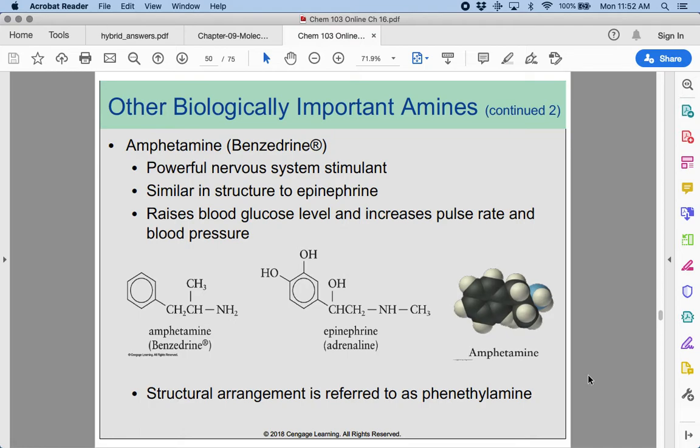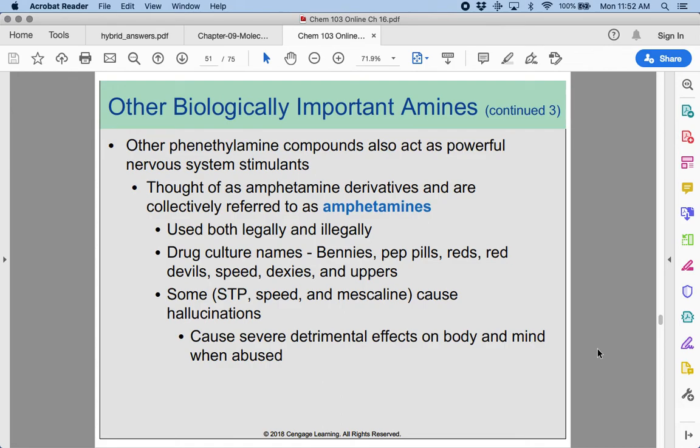Amphetamines can also be very powerful stimulants. If you look at the structure of epinephrine versus amphetamine, you can see that physically the Lewis structure is very, very similar, which is important to how it's able to react in our body.